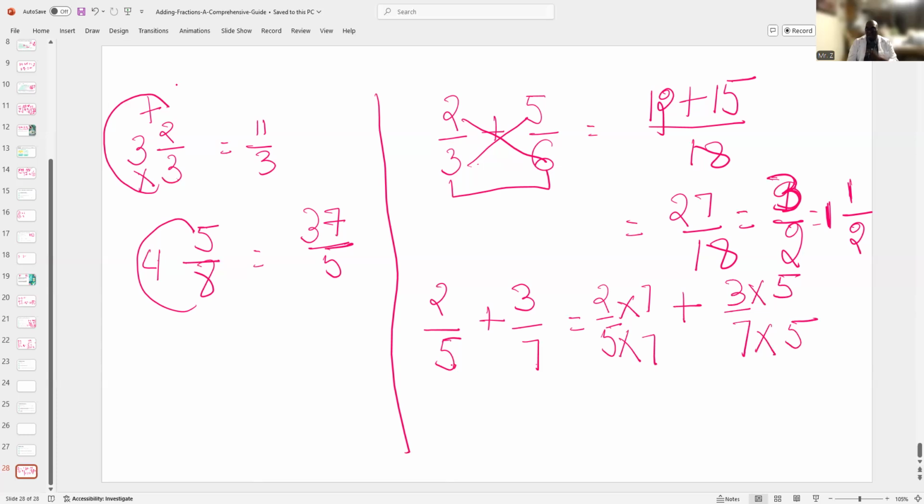I just make those fractions equivalent. This now will become 14/35 plus 15/35. Remember what we learned? Whenever you are adding fractions that have the same denominator, you add only the top number. 14 plus 15, you have 29/35. So what kind of fraction is 29/35? That one is a proper fraction.